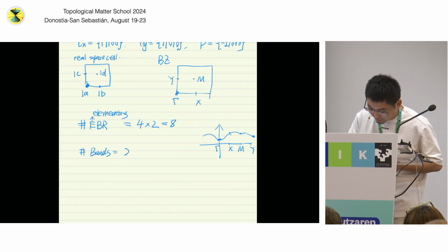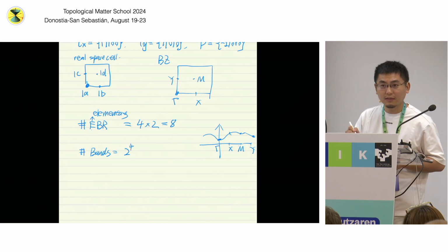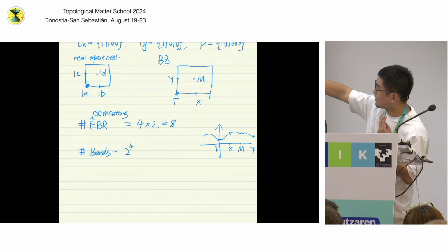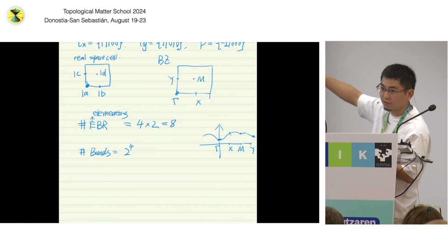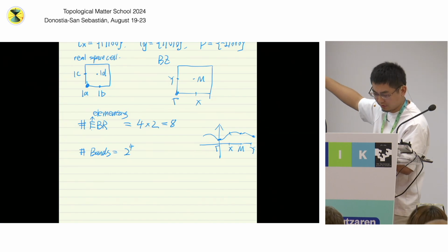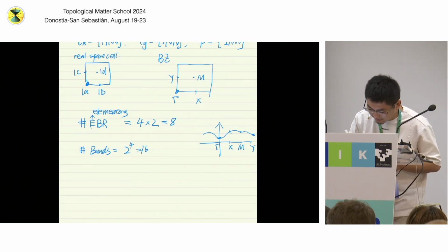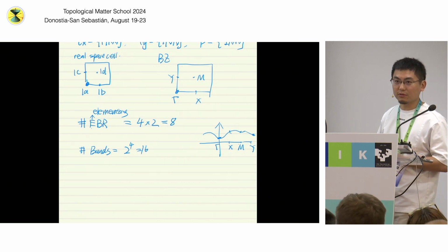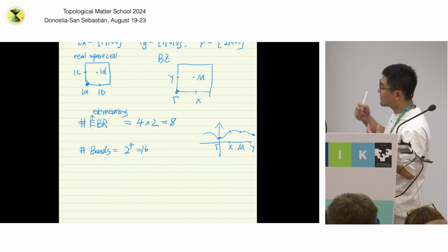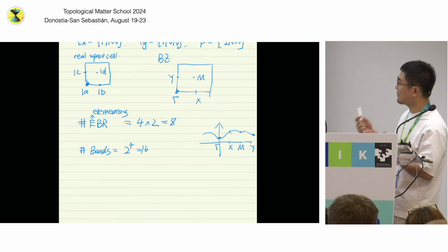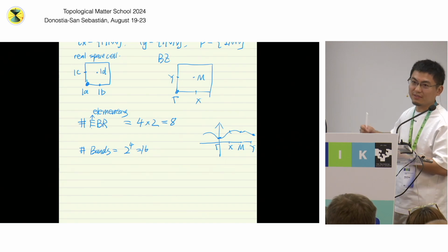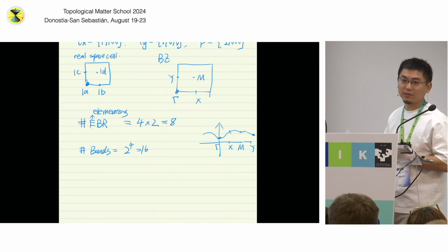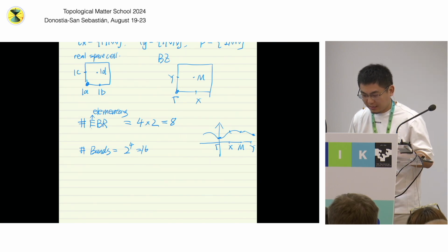It's given by 2 to the 4, right? So at the gamma point, we have 2 choices. At the X point, we have another 2. So 2 times 2 times 2 times 2. So it's 16. So obviously, we have more choices in momentum space than in real space. So there must exist some one band that cannot be interpreted as a local orbital in real space, right?